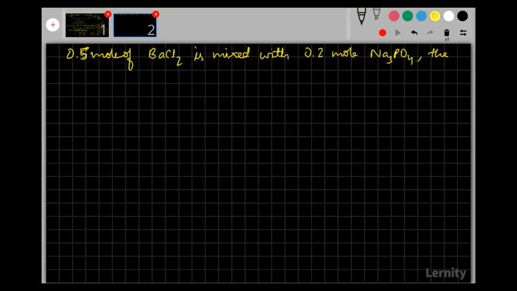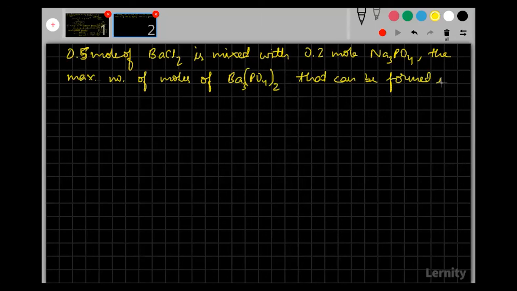The maximum number of moles of barium phosphate that can be formed is. Okay, so this is a limiting reagent based question. Try to answer this. Okay, I'll give you the options.